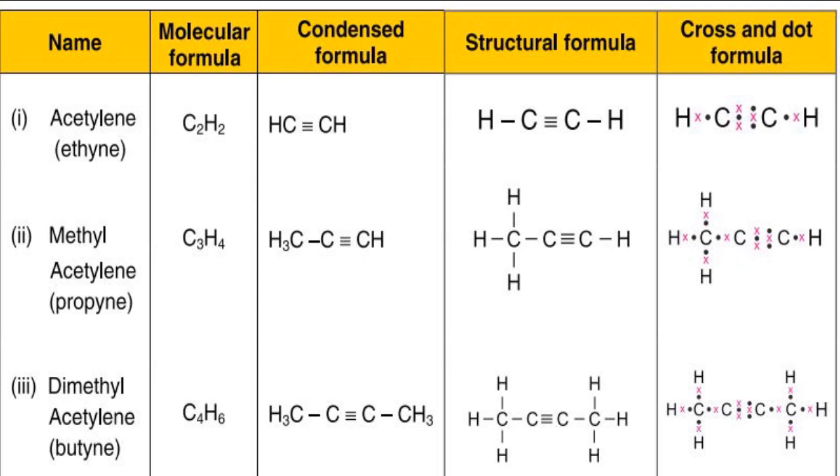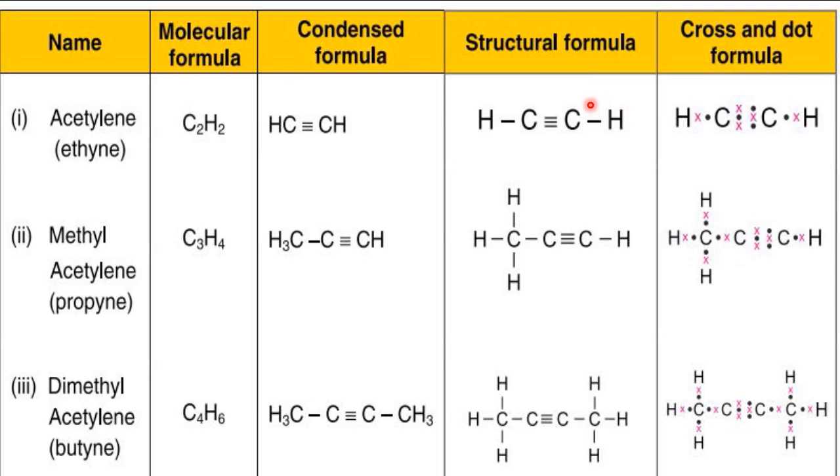But when we move forward to the condensed formula, the bond present between the carbon and hydrogen cannot be visualized, but the bonding present between two adjacent carbon atoms, the triple bond, can easily be visualized. So in this way, in the condensed formula, we are able to see the number of bonds between two adjacent carbon atoms as well as the number of atoms and which type of atom is used in making a compound. Okay?